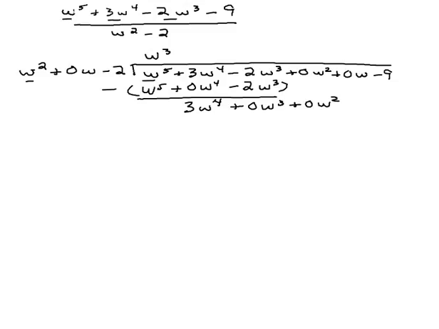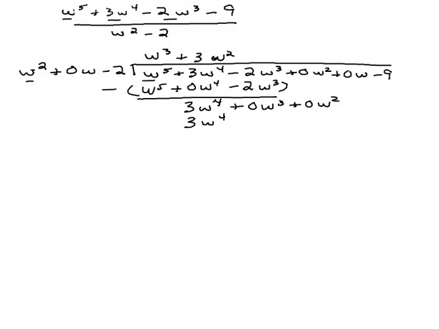Now we've subtracted, and we want to go back to the very beginning and divide again. So what do I have to multiply w squared by to get 3w to the fourth? That's 3w squared. And we multiply through. 3w squared times w squared is 3w to the fourth.